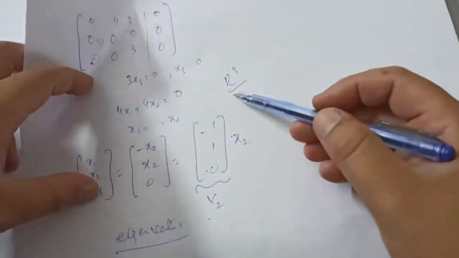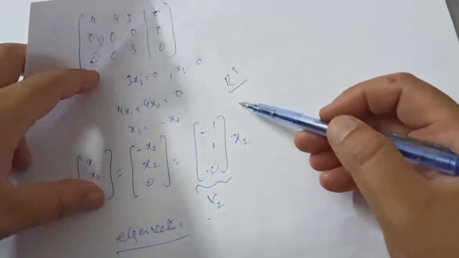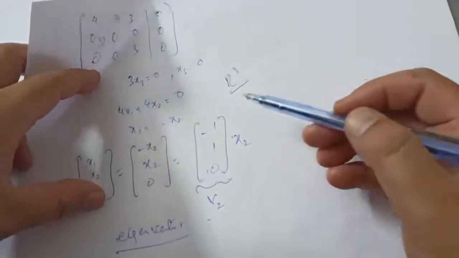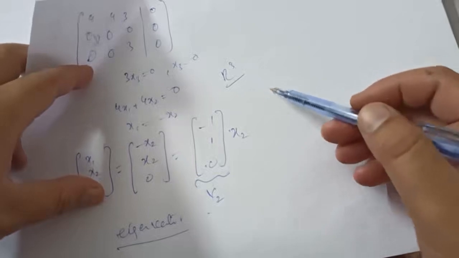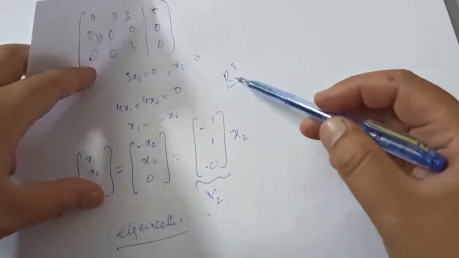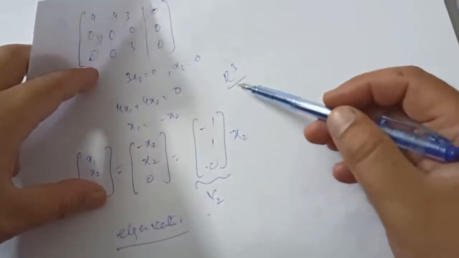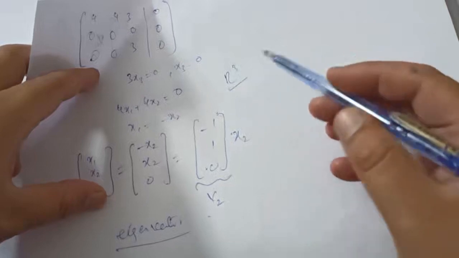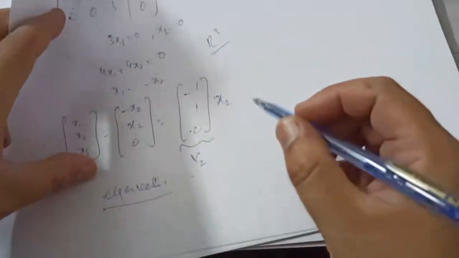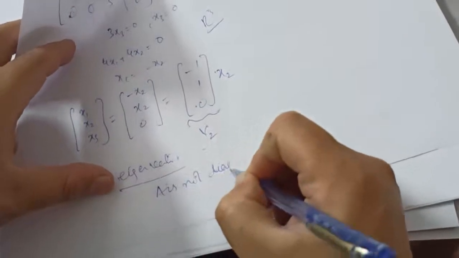Two vectors cannot form a basis of R3. They can span a subspace of R3, but not R3. The actual point here is that these eigenvectors have to span R3, not its subspace. So this means this matrix A is not diagonalizable.